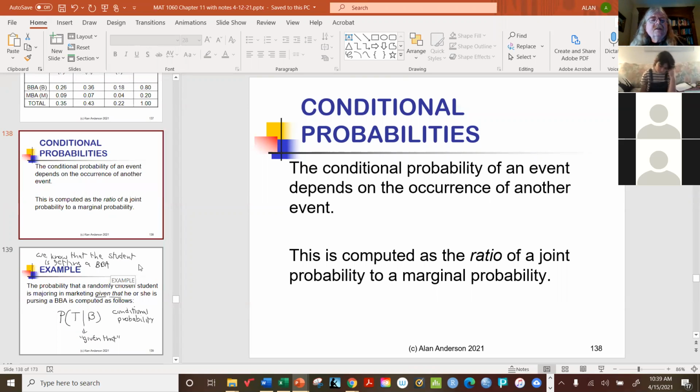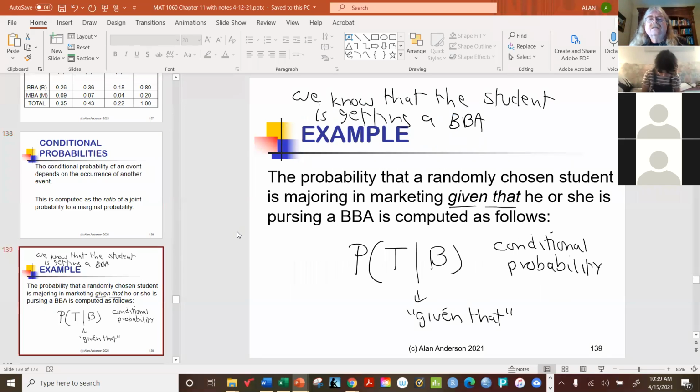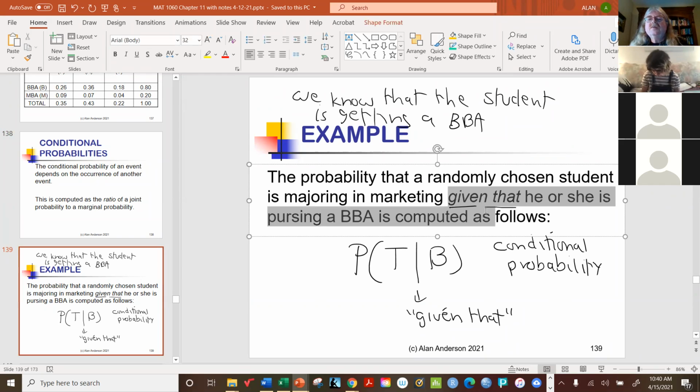So let's see, here's an example. And you'll see the wording is a little bit different, so we have to be very careful with this wording. What exactly are they telling us? Suppose that I say this: the probability that a randomly chosen student is majoring in marketing, and this is the new part, given that he or she is pursuing a bachelor's degree.